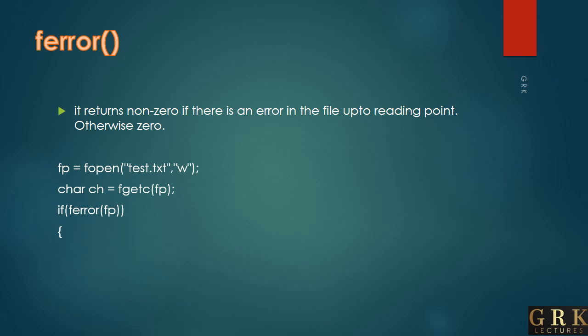But in this case it returns non-zero because we are trying to read a file which has been opened in the write mode. It is not possible. So then I am printing the message by using the perror function. In that perror, as I said in the previous slide, we can write our own message, that is the error message from perror, and followed by the actual error that happened in the file, that will also be displayed.